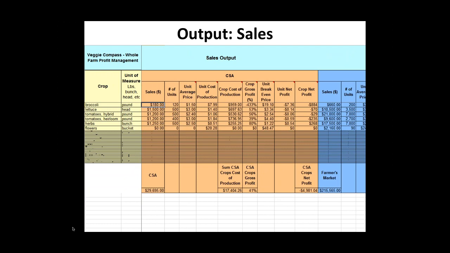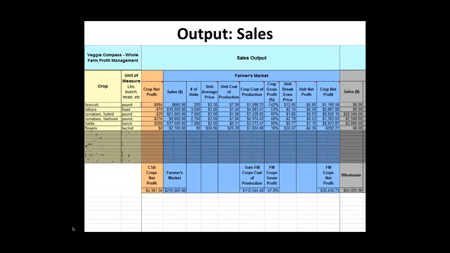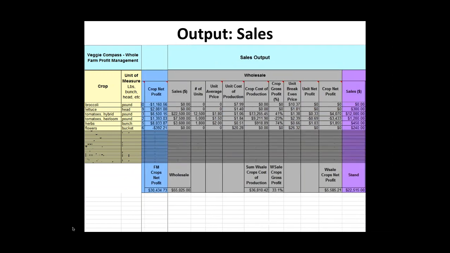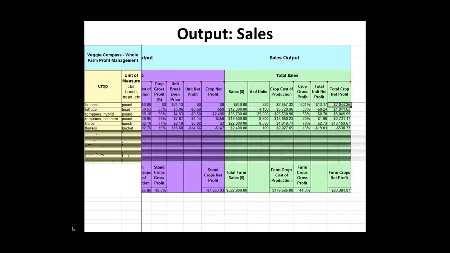There's a sales output page which carries forward all those products that you're selling, gives you the average price that you sold those for, the unit cost of production, the unit net profit, crop net profit, and it does that by sales outlet. So for this farm example, we have CSA, farmers market, wholesale, and on-farm stand, and then a total.